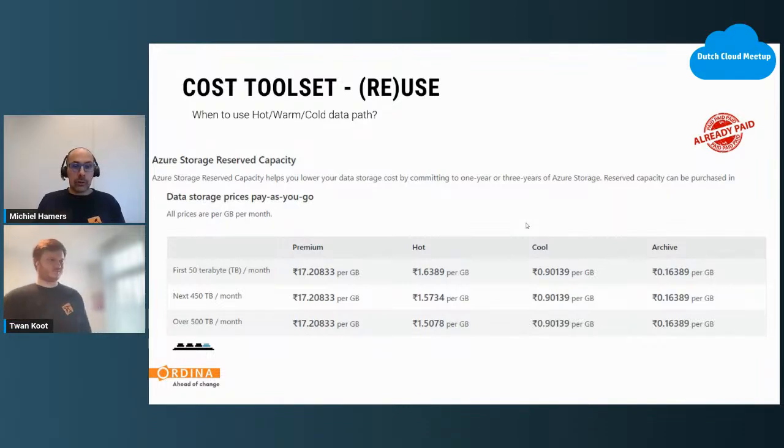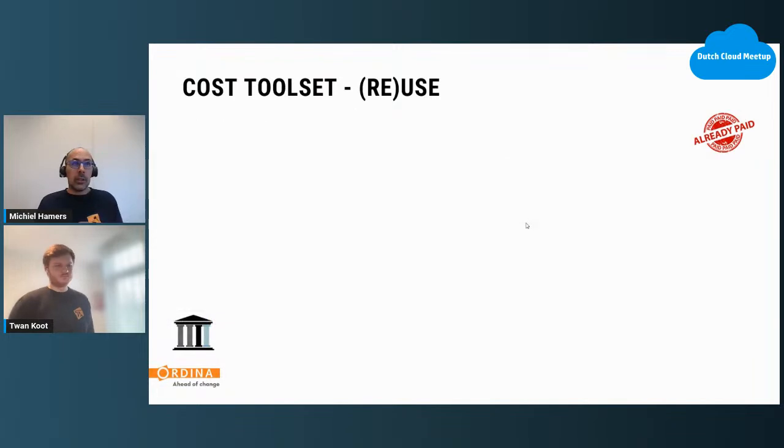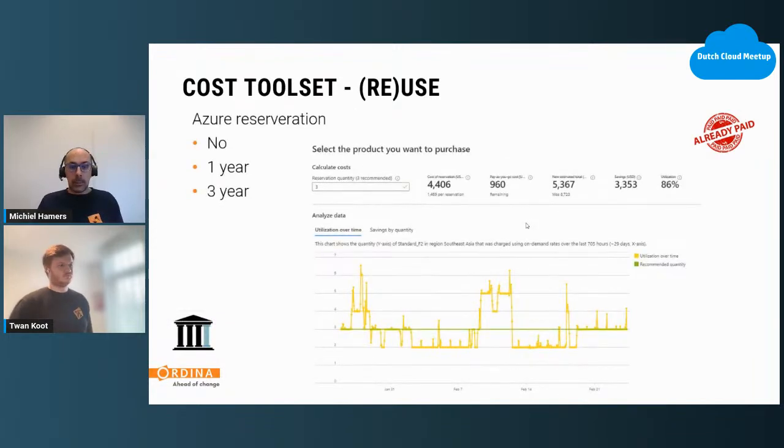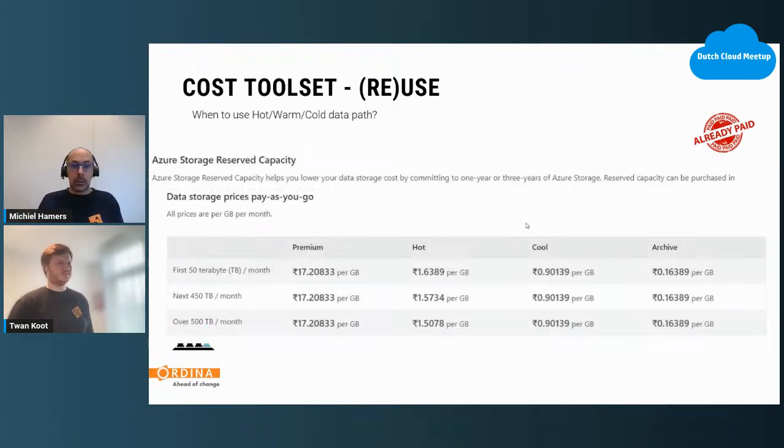And that storage reserved capacity. Let me check if I can have that. Now, the storage reserved capacity is also giving you additional reduction of costs. So if you have a storage reservation of your storage account, then you can also reduce your pricing for each month, even for archive.